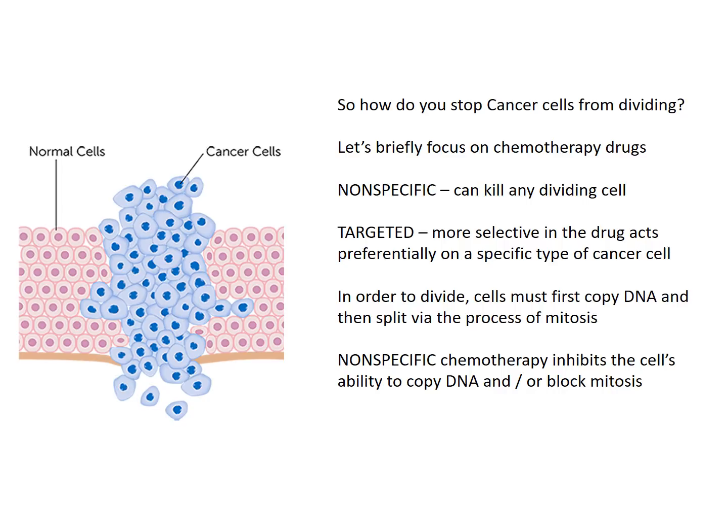And we can also have targeted chemotherapy, meaning that there's something unique about the cancer cell, present on the cancer cell, that we can hit and kill that cell, and that target on the cancer cell is not found on other normal cells. Therefore, the chemotherapeutic drug leaves the other normal cells alone. And that's the preferential way of treating cancer.